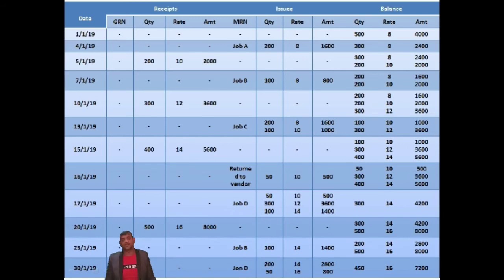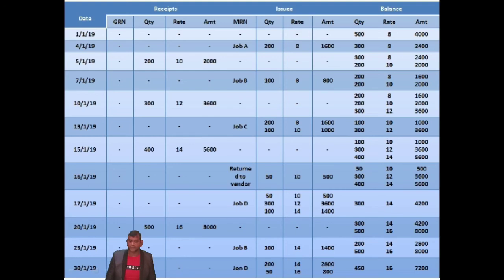So now go directly to the balance column, so the issue column will be nil. That is MRN number, quantity, rate and amount are nil. Go to the balance and write down 300 units into 14, that comes to 4200, and 500 units at rupees 16 each, that comes to 8000 rupees.